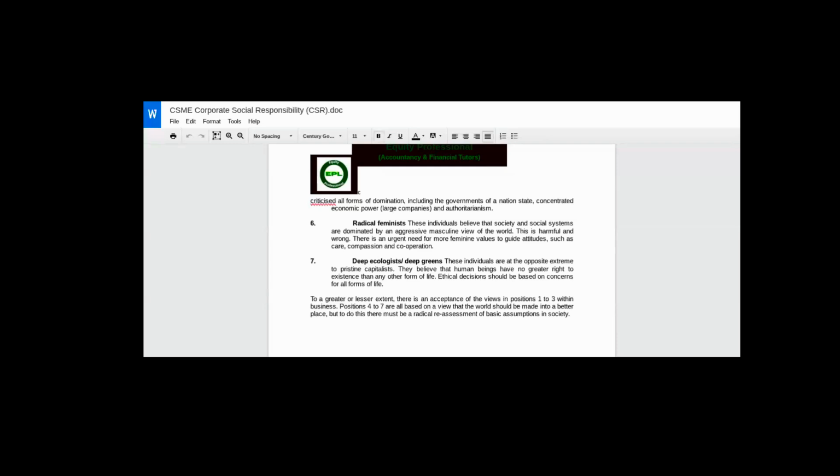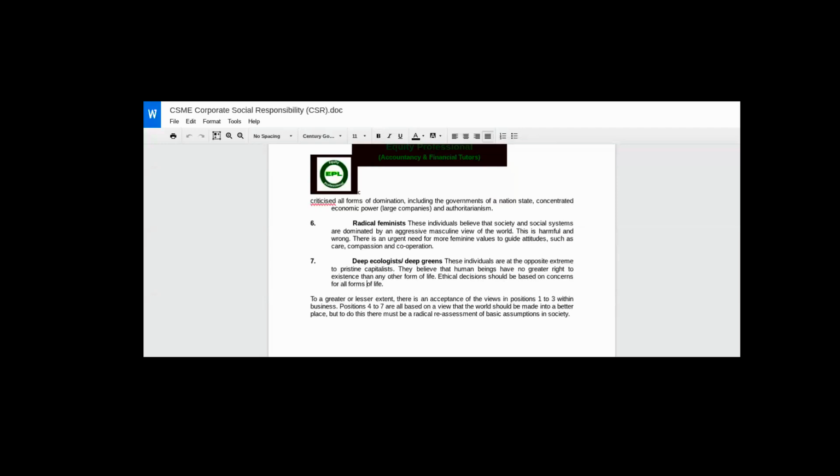The last one is deep ecology, or deep green. Deep ecology is telling us that the issue of social responsibility is beyond paying salary to our workers. Look at the last statement in that paragraph: ethical decisions and social responsibility should be based on concern for all forms of life.